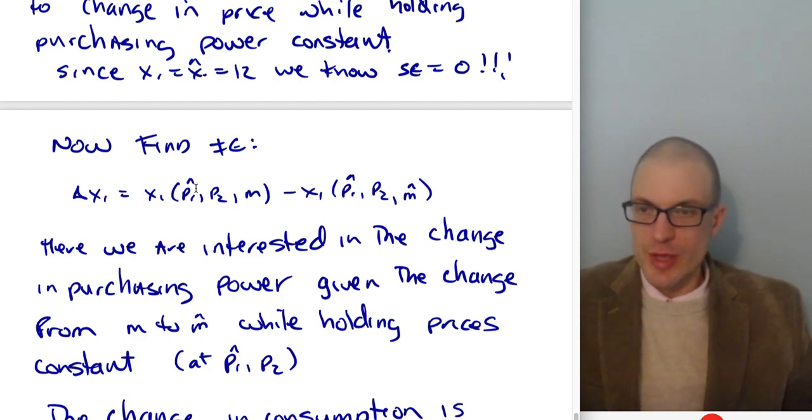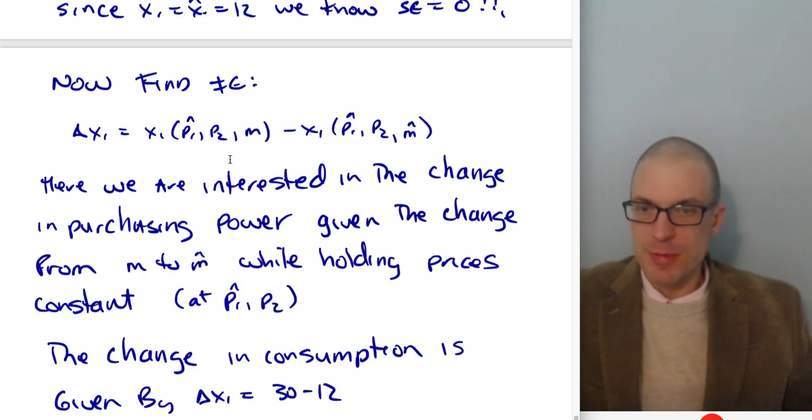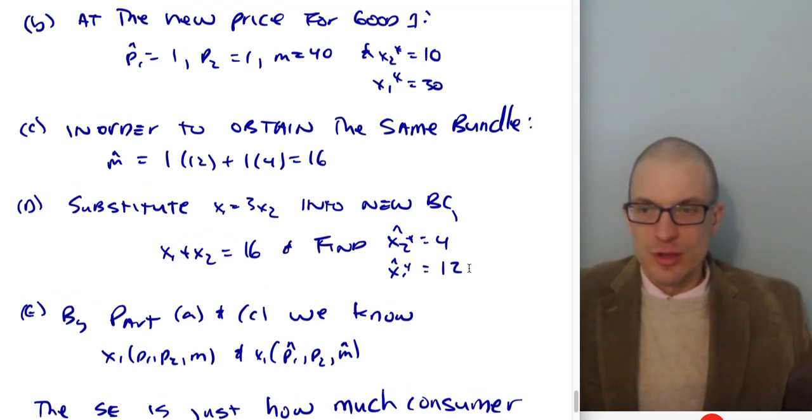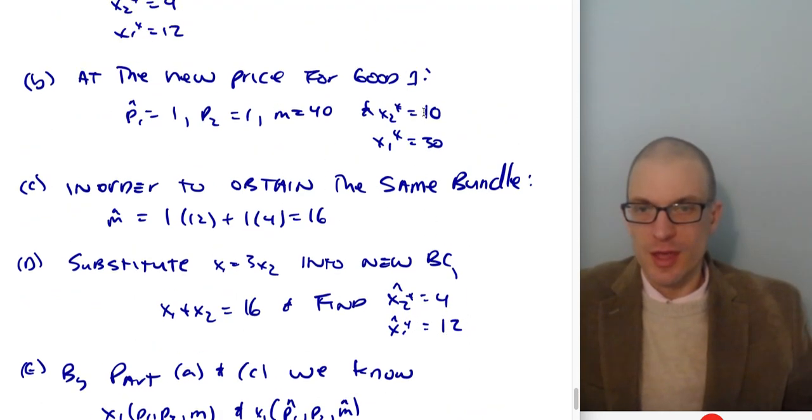Change of good 1. So we want to find the income effect, the change of good 1. We have the new prices, the original bundle, original income, minus the new bundle and the change in prices. So that was where we had the 30 and the 12. So here's our 12, and here was our 30. So we're comparing B to D, right?